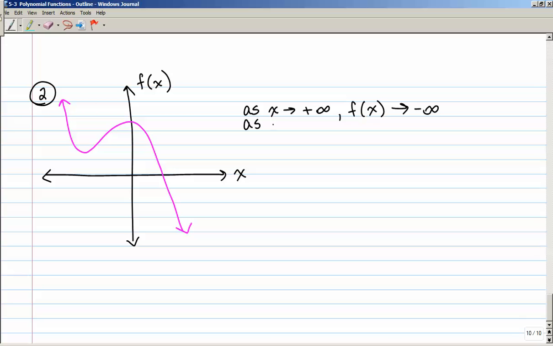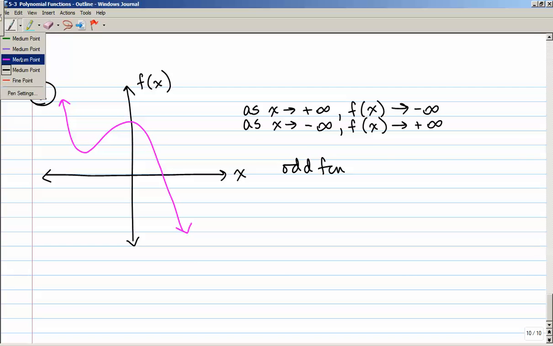And then as x approaches negative infinity, as x gets smaller, notice my arrow is going up, so f of x approaches positive infinity. This is an odd function because the arrows are going in opposite directions. This one's going down, that one's going up, and this function has only 1 real zero because it only crosses the x-axis in one spot.